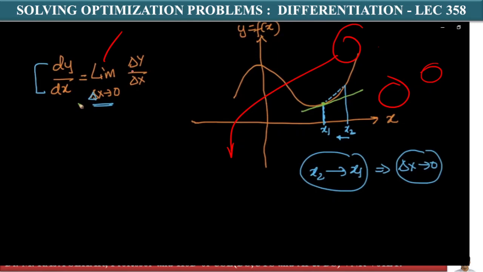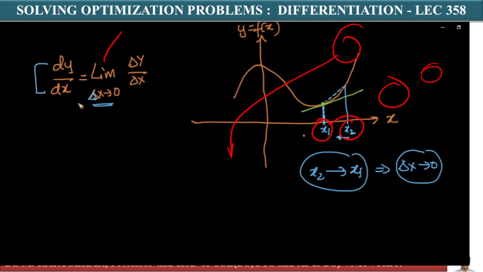So the derivative of y with respect to x, or differentiation of y with respect to x, is the rate of change of y with respect to x as the change in x tends to 0, or the change in x is very small. So let me assume this is my x1 and this is my x2.